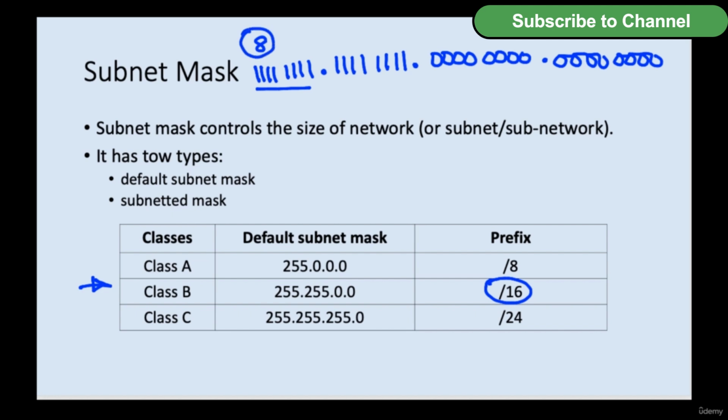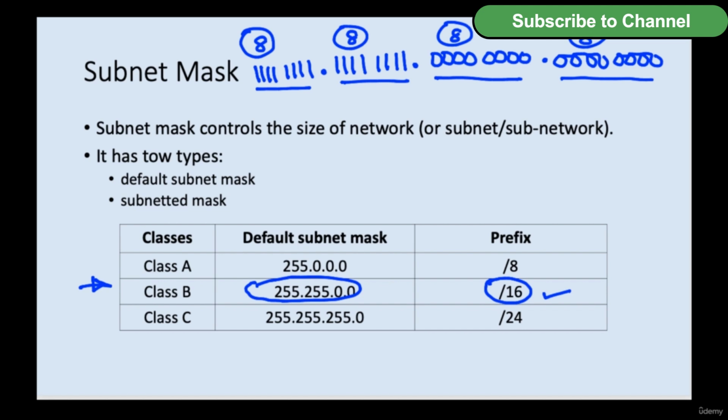These are 8 binary ones, 8 binary ones, 8 binary zeros, and 8 binary zeros. If you count the number of binary ones in the subnet mask, there are a total of 16, 8 plus 8. So in prefix notation, this subnet mask can be written as /16 because it has binary ones present 16 times in it.